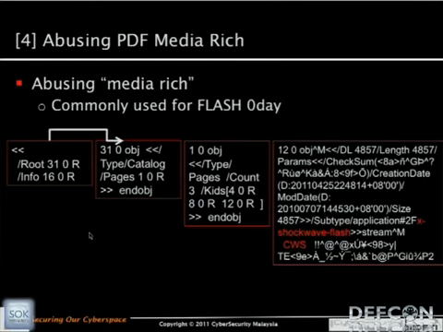You check /Root is pointing to object 31, and then object 31 has the pages pointing to page object 1. So you go to object 1 here, and then you have a page. And the page somehow has a reference to object 12. You go to object 12, and object 12 somehow has a Flash file on top of it. Okay.